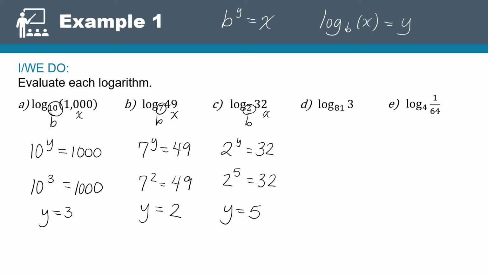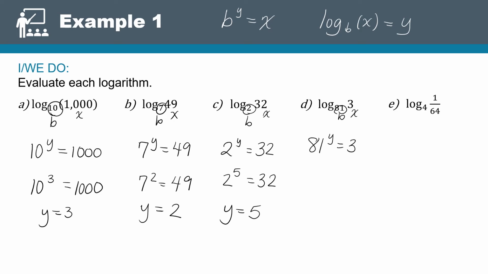D, log base 81 of 3. So 81 is my base, 3 is my x, so I have 81 to the y power is equal to 3. Well, notice this one's a little bit different.